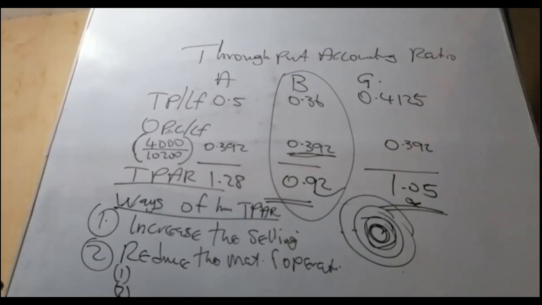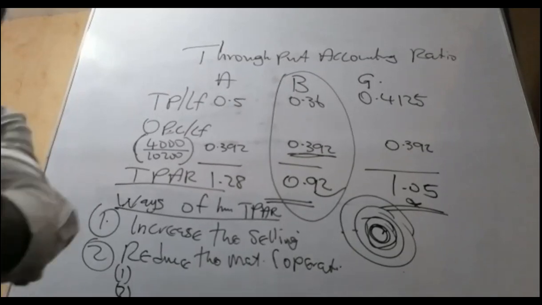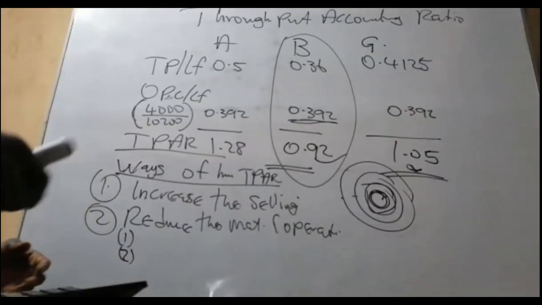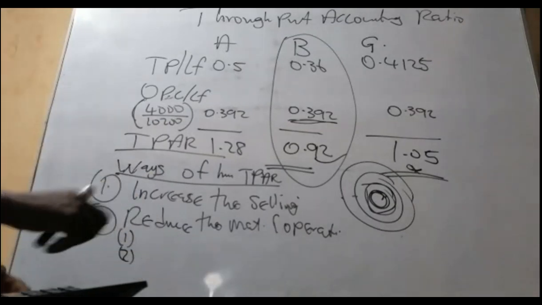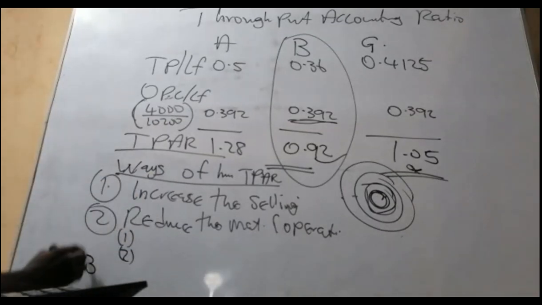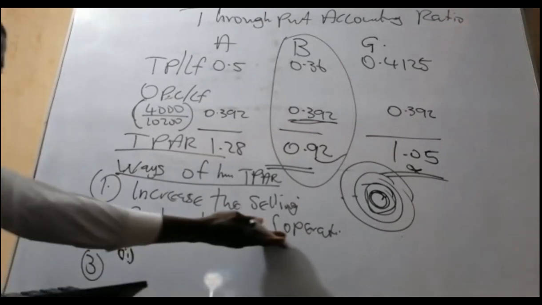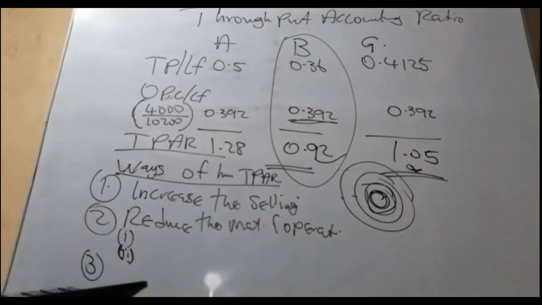So the operating cost will be reduced, the labor hours will be reduced, the fixed cost will go down. That's great. So these are the ways you can adopt to increase the throughput. Now let's look at the third one.